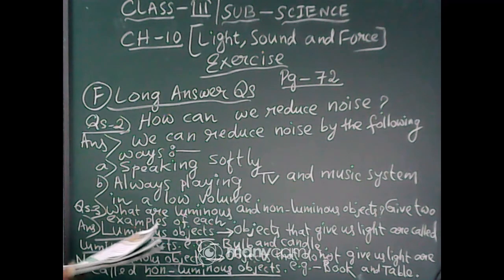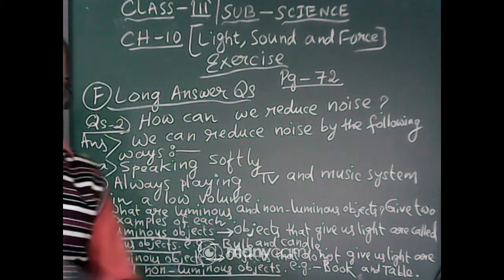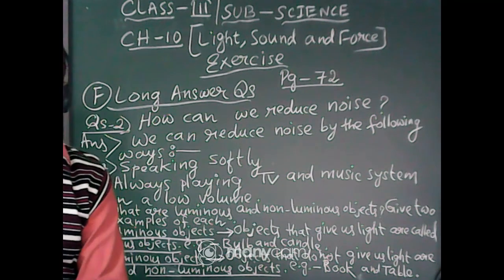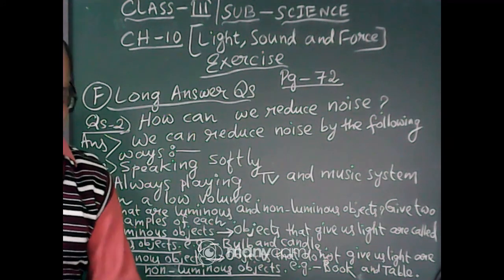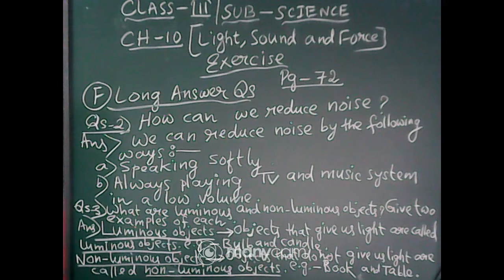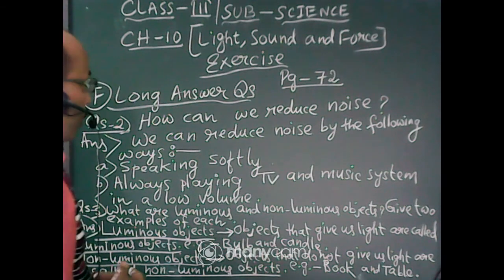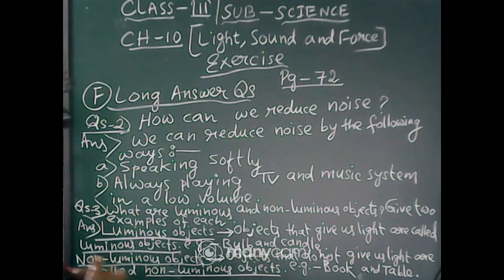So this is completed. My dear children, we have completed our exercise of chapter 10, light, sound and force. So I will once again recap what we have done today. We have done question number 2 and question number 3 from the long answer question section.